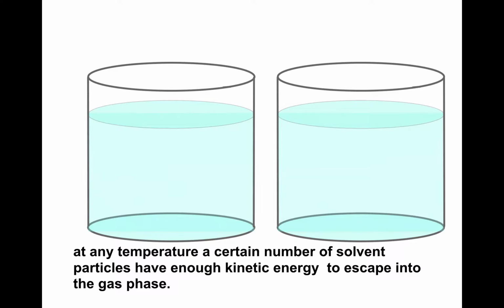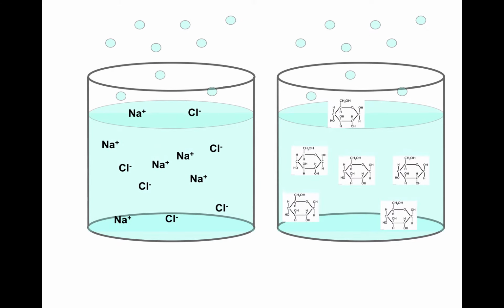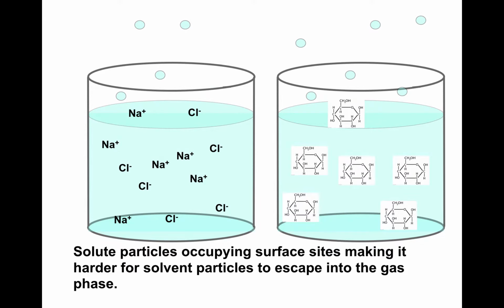For example, a liquid at any temperature, some of the particles in that liquid have enough kinetic energy to escape into the gas phase. This is what is called vapor pressure. If I add to the solvent a non-volatile solute, meaning a solute that doesn't have a vapor pressure, those solute particles occupy surface sites and lower the vapor pressure.